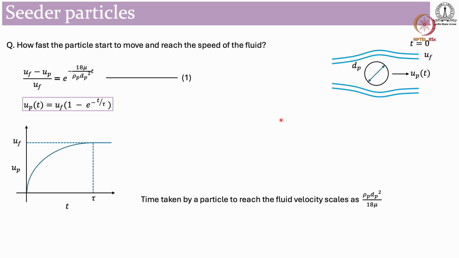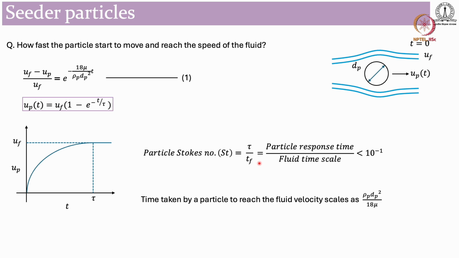For that, you define a non-dimensional number, that is the Stokes number or the particle Stokes number, and that is nothing but the ratio of the relaxation time of the particle to the time scale of your flow. So what is the time scale of your flow? Basically the fluid time scale. So for example, as I told earlier, if you want to see something which is happening over a period of 1 second, you cannot take a particle whose response time is much more than that, right?